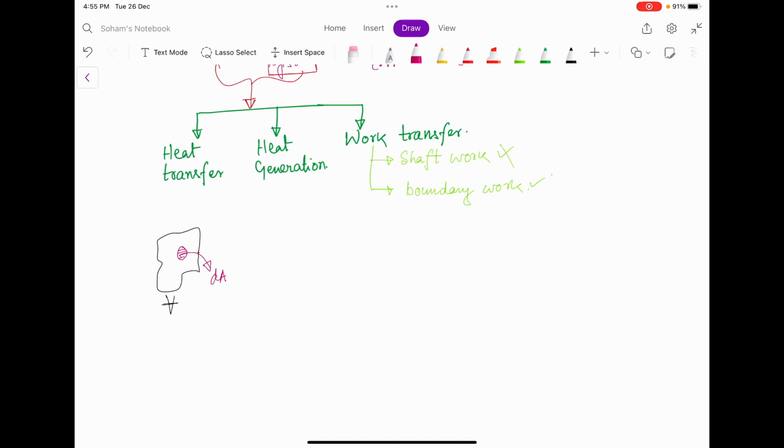This dA has some unit normal n cap, the unit normal of dA. And maybe some heat flux is going in this direction. You should know that heat flux is a vector. We don't give an arrow over it, but it is a vector.